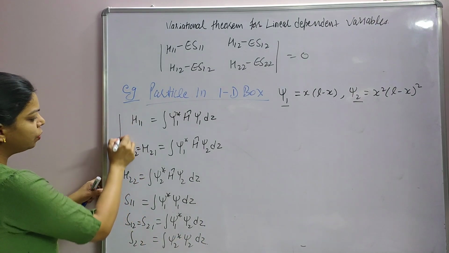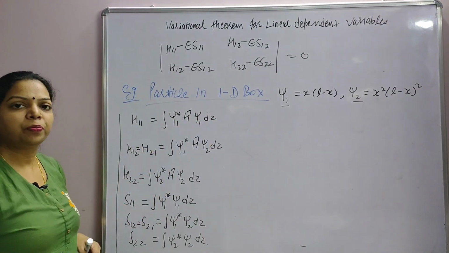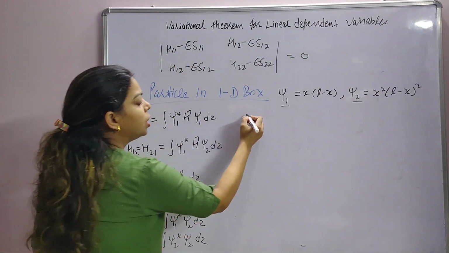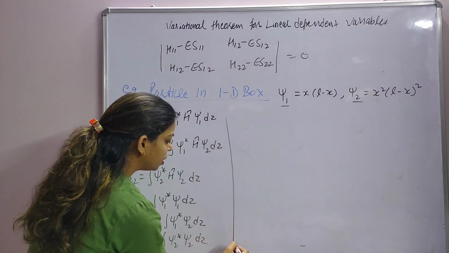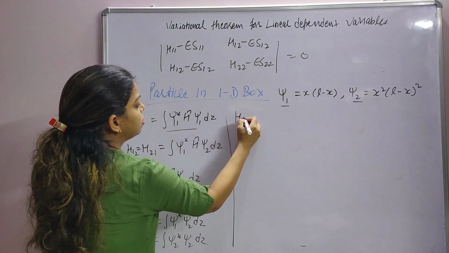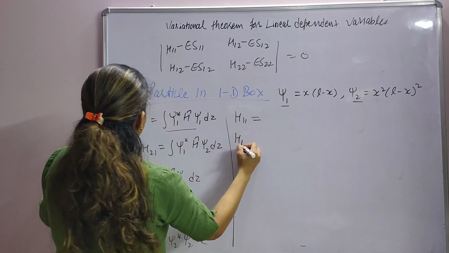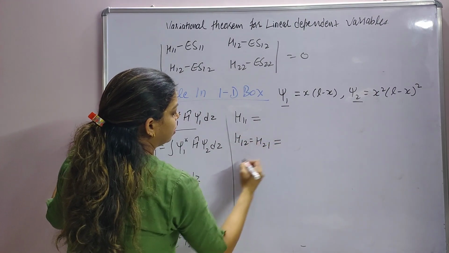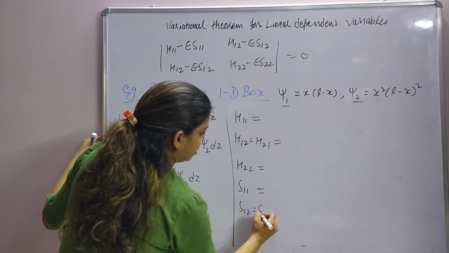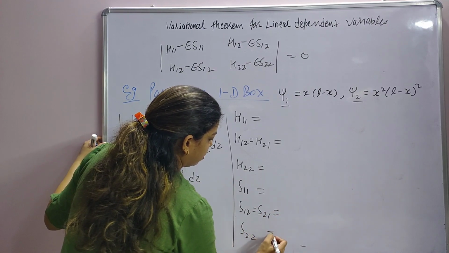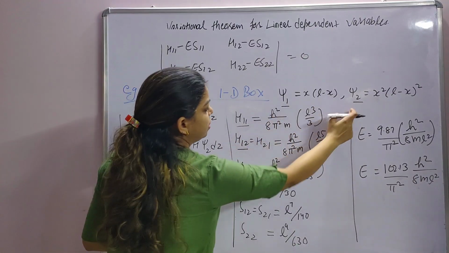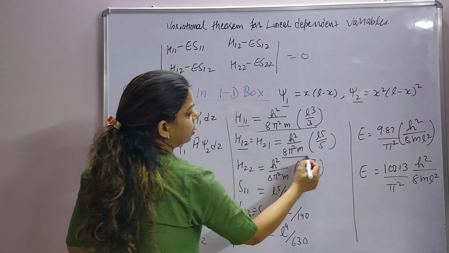So once you know the values of these integrals for this function, you can always substitute these values in this determinant and solve the equation. Here I am not solving every step, I am just taking the values of these integrals. After solution you will get the values of the Hamiltonian integrals for psi1 and psi2, which come out to be these values.